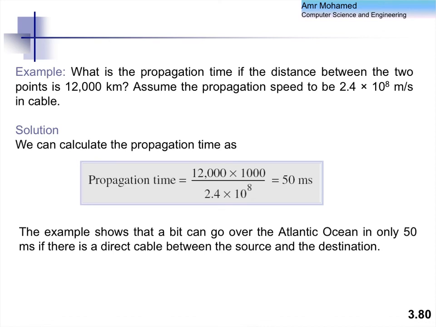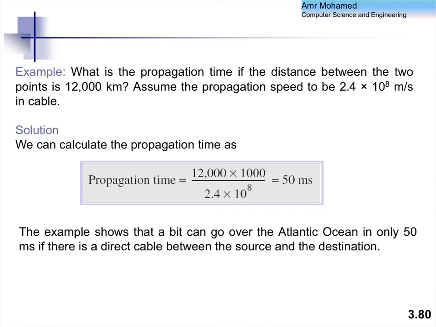In any case, we can calculate the propagation time by the distance divided by the speed. And again, watch carefully for the units. We have to unify the units to make it meter per second or kilometer per second or something like this. Watch for the units.